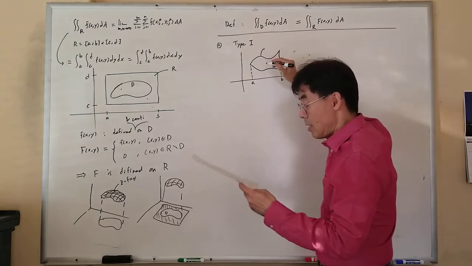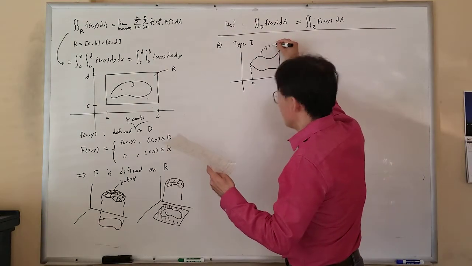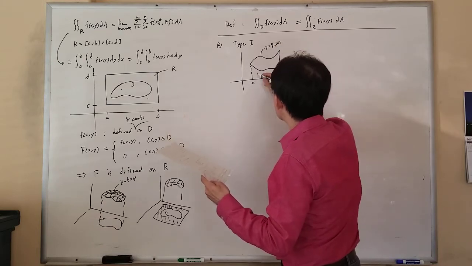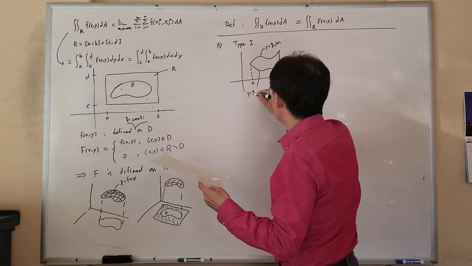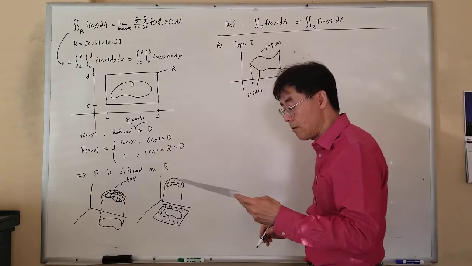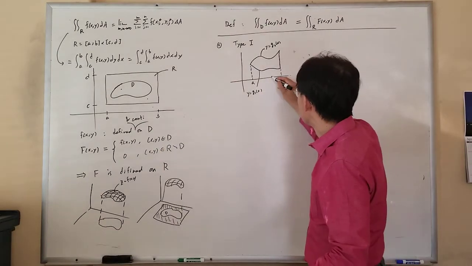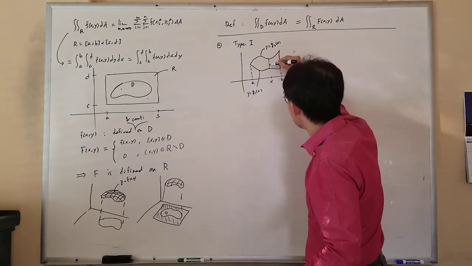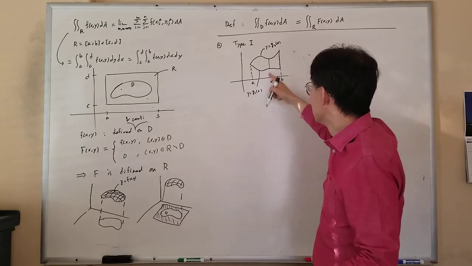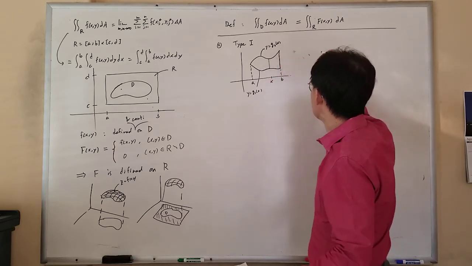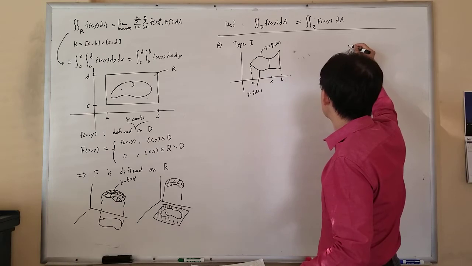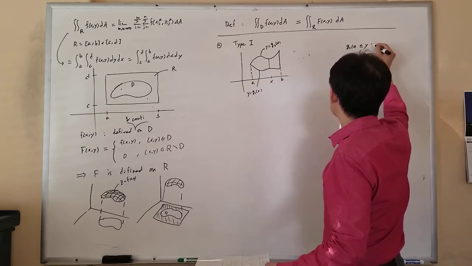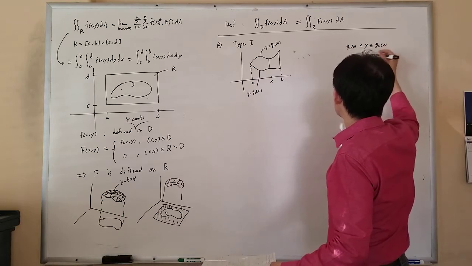This is the upper function, y equals g2 of x. This one is y equals g1 of x. So for a given x, think about these points. What kind of points are these? The y coordinate is between g1 of x and g2 of x, right?